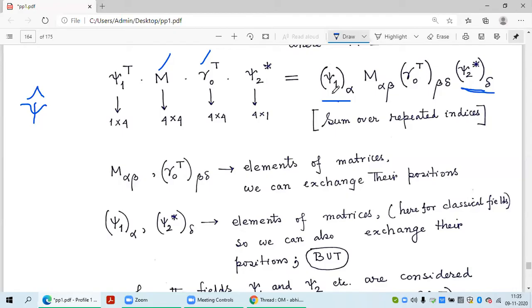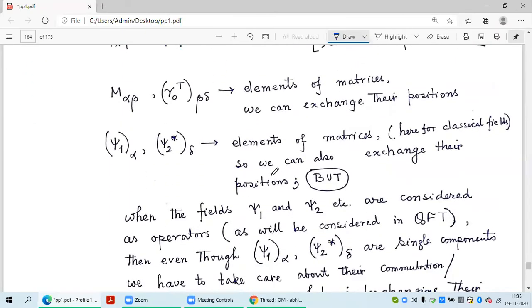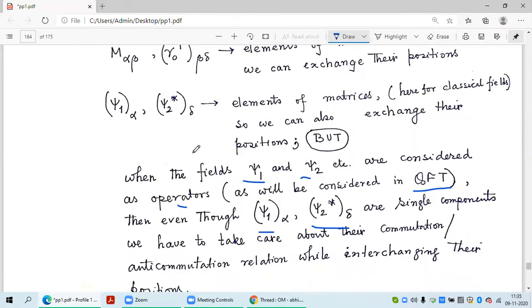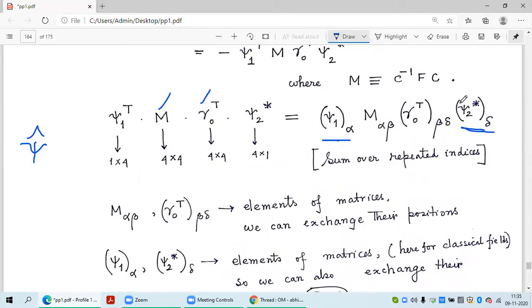But if I use that aspect, that in quantum field theory, when fields psi 1 and psi 2, etc., are considered as operators, even though its components, psi 1 alpha, psi 2 alpha, are single components, because they will be operators, we have to take care about their commutation or anti-commutation relation while interchanging their position.